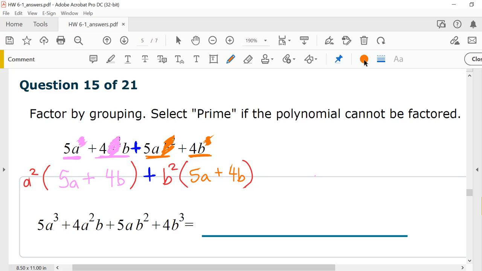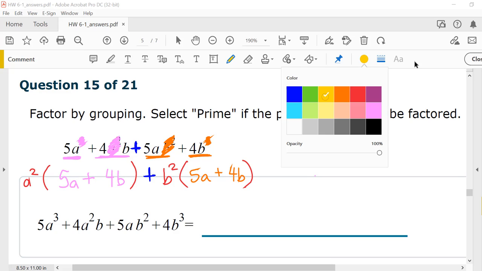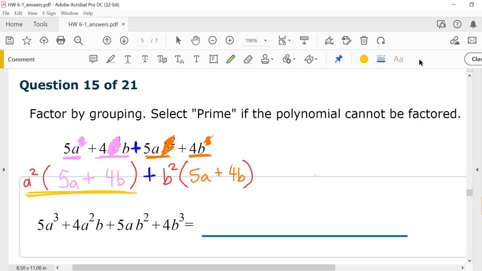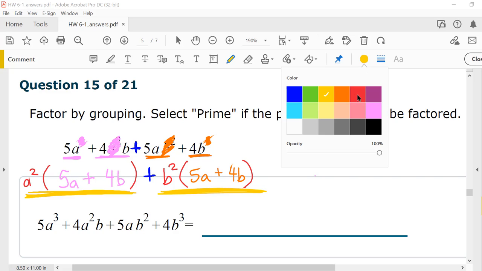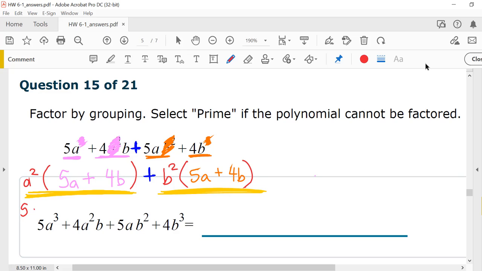Okay, I have factored the pink grouping, and I factored that orange grouping. Do you see that I have 2 terms now? This one plus this one. Those 2 terms have a common binomial. 5a plus 4b in pink, 5a plus 4b in orange. I'm going to pull out 5a plus 4b.